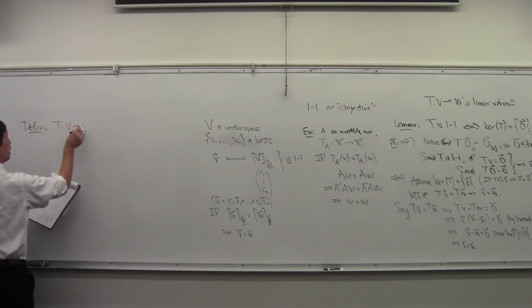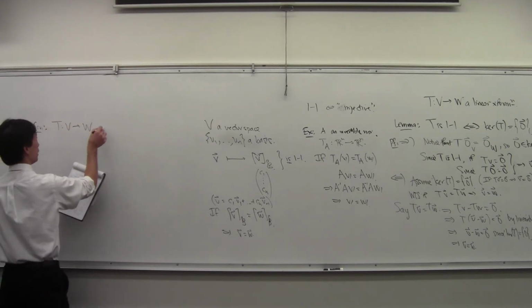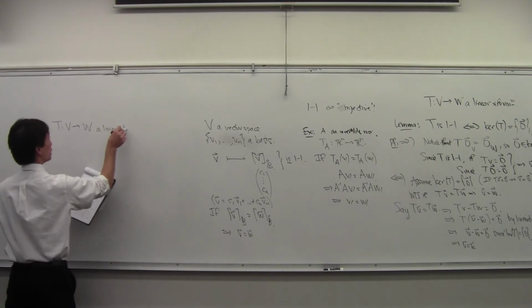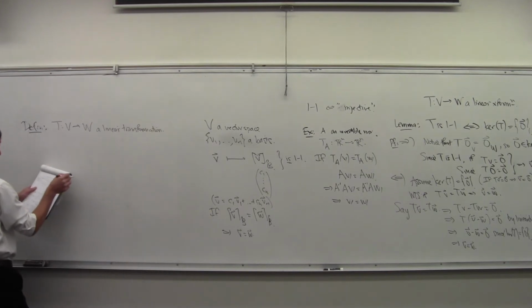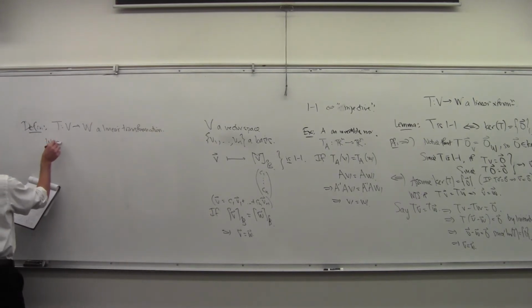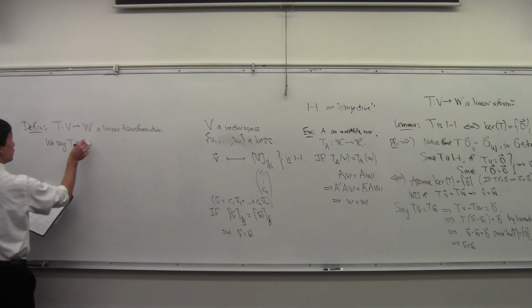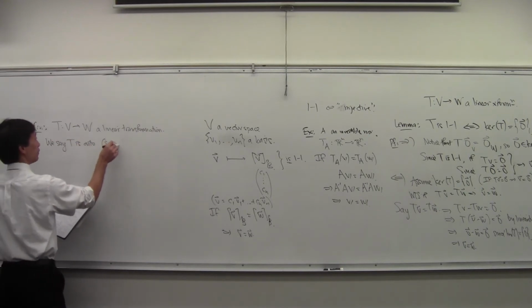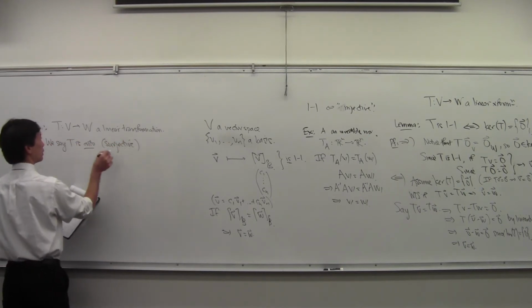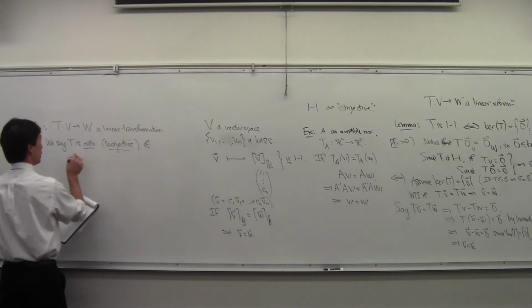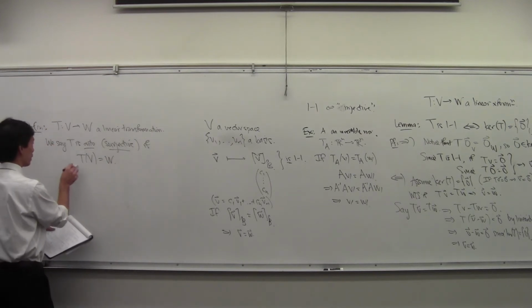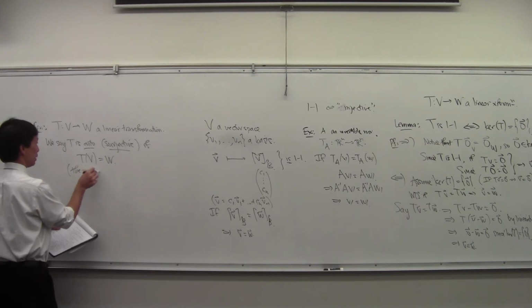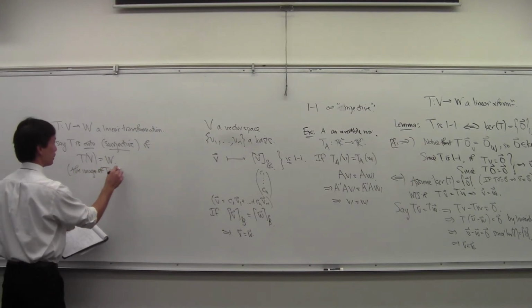So again, you have a linear transformation. You say T is onto, or surjective, if the image of T is all of W.